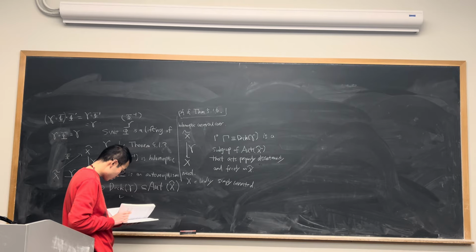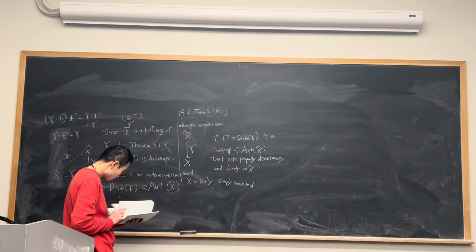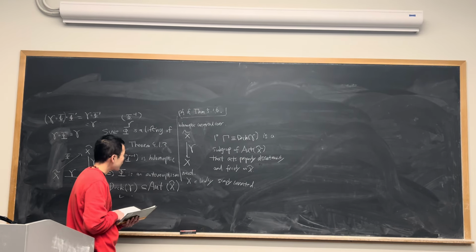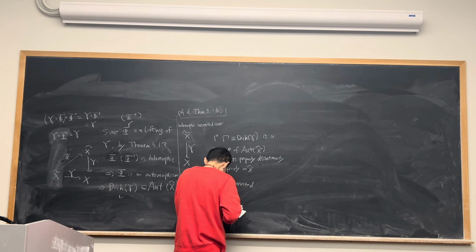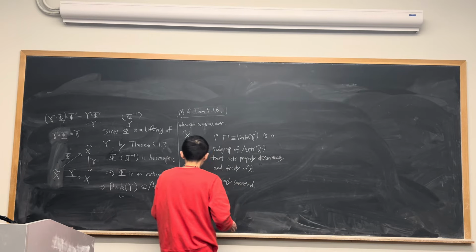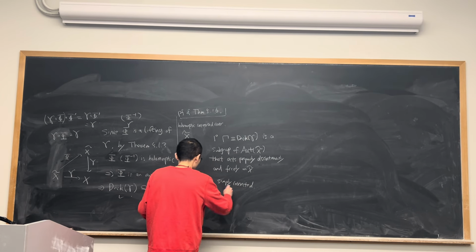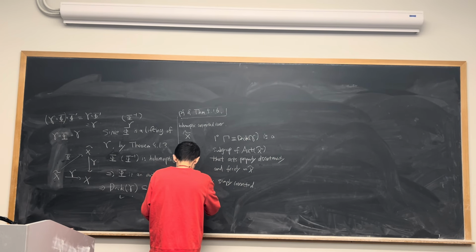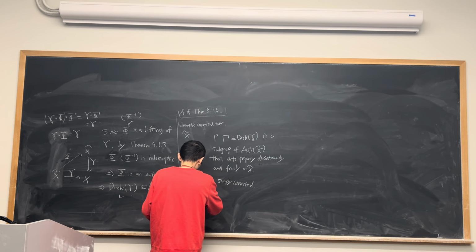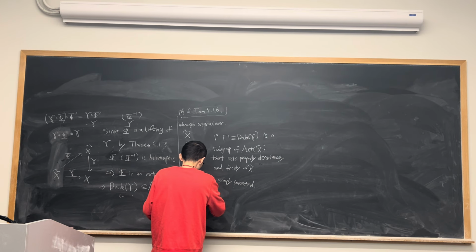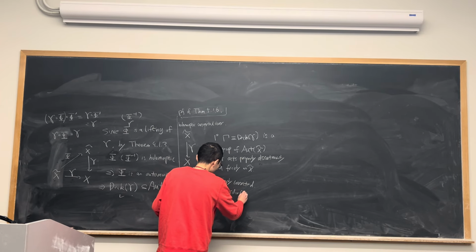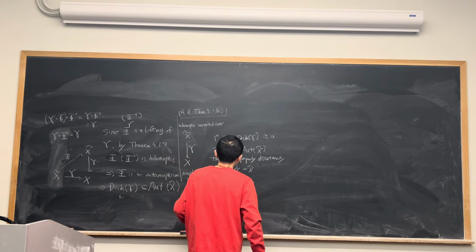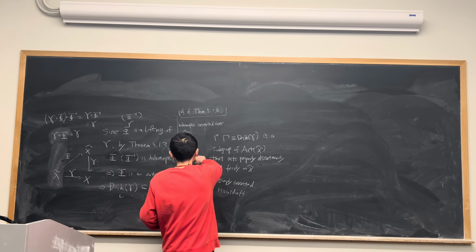So for the Riemann surface, yes, we have all of this: it's locally compact Hausdorff.